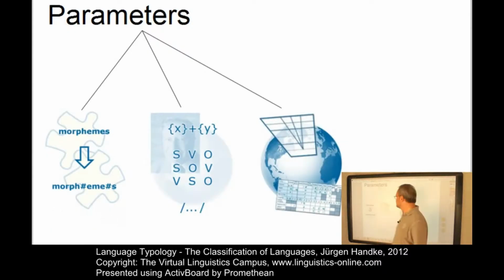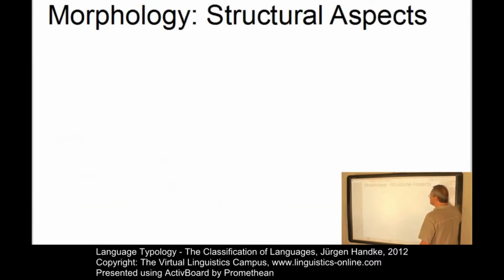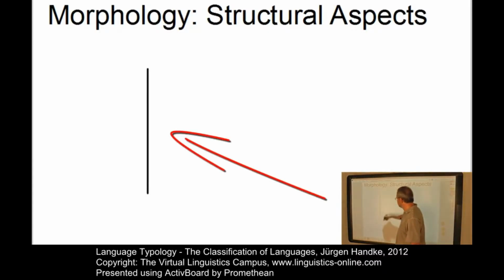Let us start with structural aspects. Languages can be morphologically classified on the basis of the inflectional structure of their words, thus in terms of a continuum. Now, this continuum is symbolized by this vertical line here.